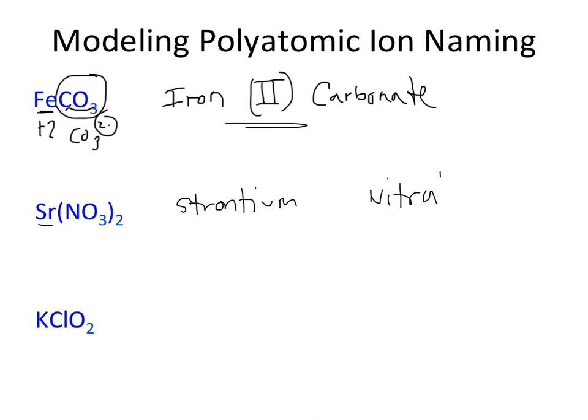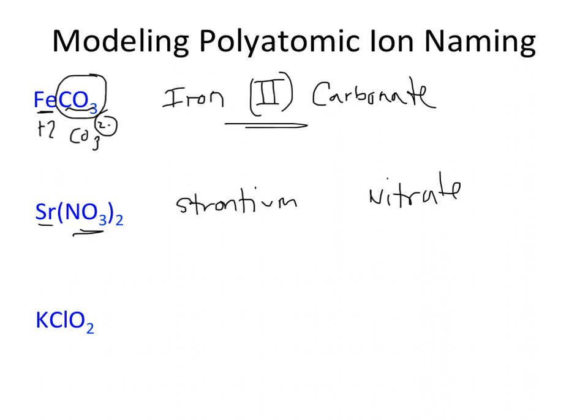Nitrate is the name of our polyatomic. So strontium nitrate is going to be our name. This is just a straightforward approach. There's no need for parentheses because it's not a transition metal. And this is the nomenclature approach that you would take.